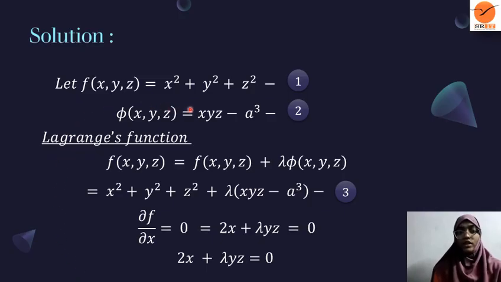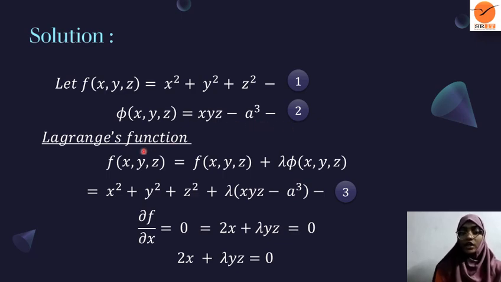Here, equations 1 and 2 are given in the question. So f of x comma y comma z equals x square plus y square plus z square is equation 1, and phi of x comma y comma z equals xyz minus a cube is equation 2.